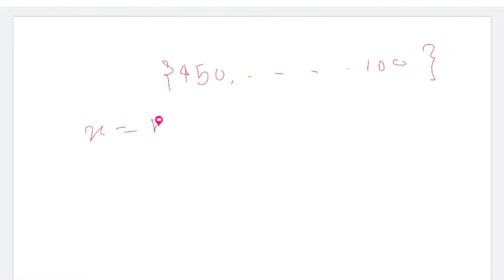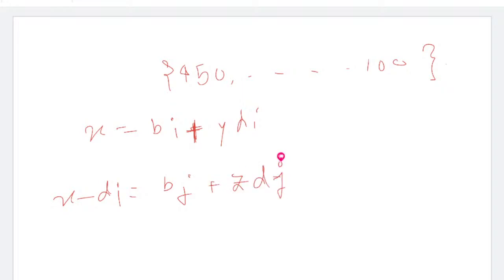Suppose X is bi plus some y into di, but you have X minus di is equal to some bj plus z dj. Right. Then what does that imply? Suppose, okay, you're going back to the old thing.